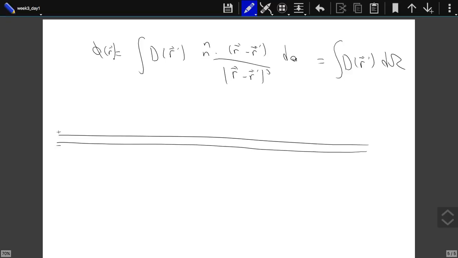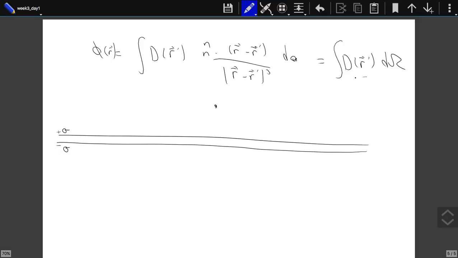So can we or can't we? What will be the potential in this case? At this point, outside the capacitor, is it zero?